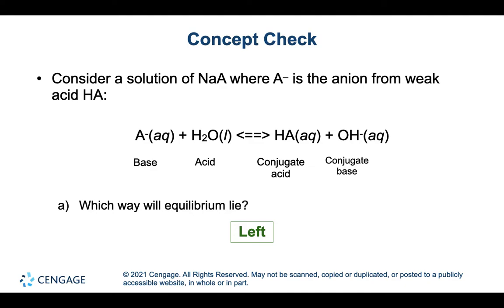So you can actually get a base by dissolving a salt with a sodium ion and A minus, the anion from a weak acid. Let's say you've got the weak acid HF. NaF would put F minus in the water, and the F minus ion could take H plus from water.